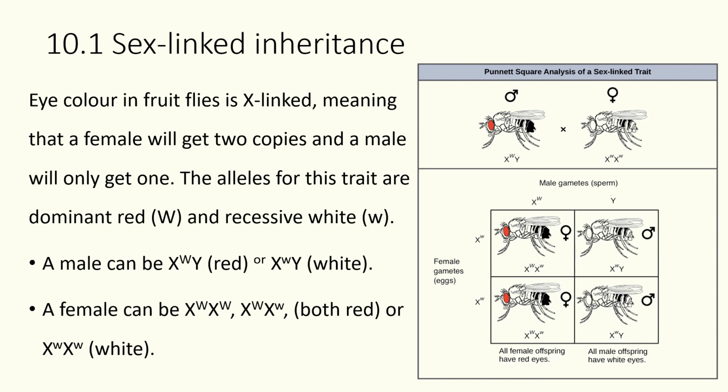In both cases of homozygous dominant and heterozygous, the female will have red eyes. You can see a cross here between a red-eyed male and a white-eyed female. The result is we produce two red-eyed females and two white-eyed males.